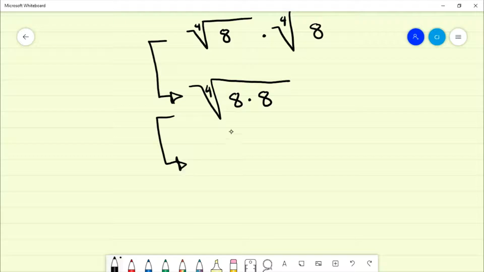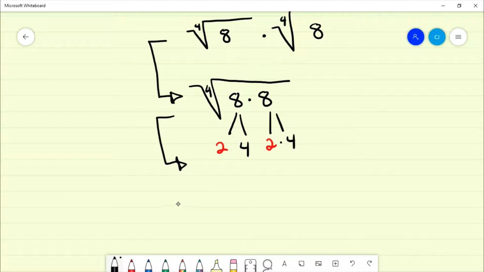Here we have two 8s being multiplied to each other. Well, I can write this 8 as 2 times 4. I can also write this other 8 as 2 times 4.